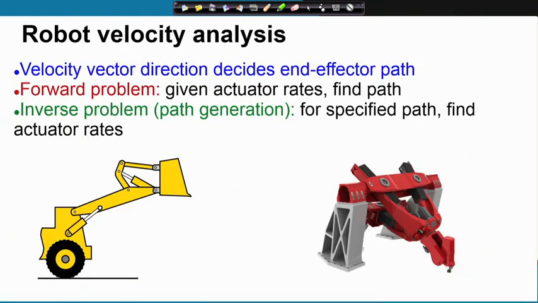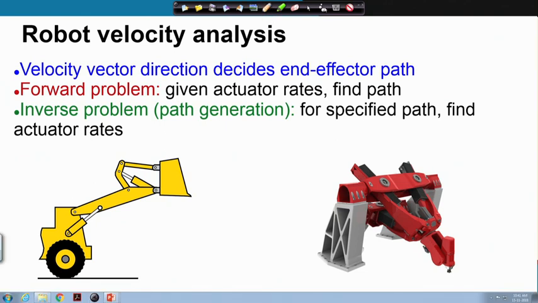Now, this velocity problem for robots is intimately connected to the motion planning or path planning of the robot. Let us say this excavator has to follow this path. So, at each point of the path, the velocity vector is going to be tangent to the path.